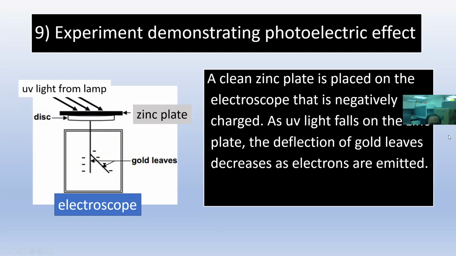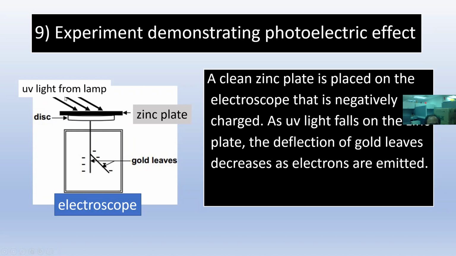What we do is we shine visible light, nothing happens. We shine ultraviolet light, we see this gold leaf start going down. Remember the gold leaf is initially charged negative. You charge it negative, the charge will appear on the leaf, and because both are negative, they repel each other.